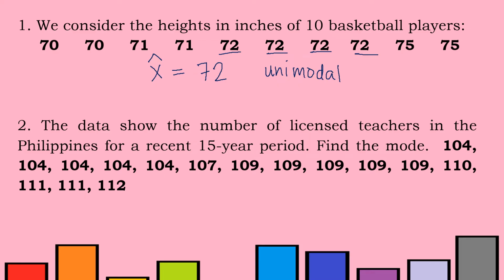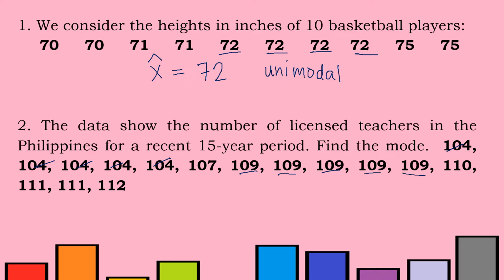Next, the data show the number of licensed teachers in the Philippines for a recent 15-year period. Let's find the mode. So this is the data. Let's count the 104 value. So this is 1, 2, 3, 4, 5. So there are 5 of 104. How about the 109? 1, 2, 3, 4, 5.